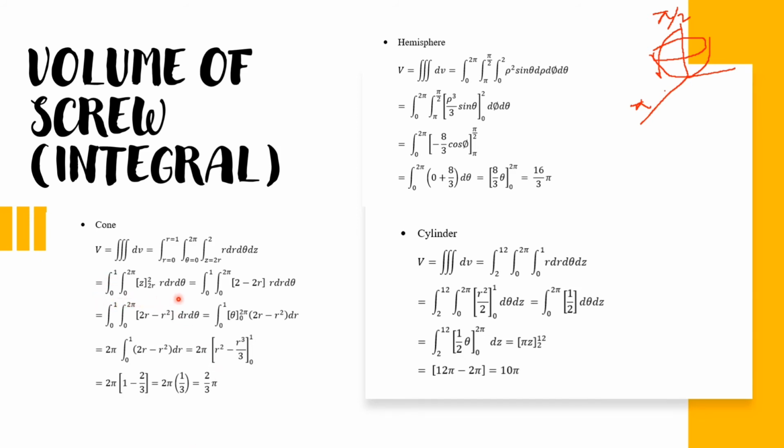As usual, we integrate in terms of z, and then we got 2 minus 2r, and then we integrate in terms of theta, 0 to 2 pi, and then we bring 2 pi outside. We got 2r minus 2r squared dr. So integrating, we got r squared minus 2r cubed over 3. And then we put in 1, so it equals 1 minus 2 over 3, we got 1 over 3. And then we times by 2 pi, and we get 2 over 3 pi.